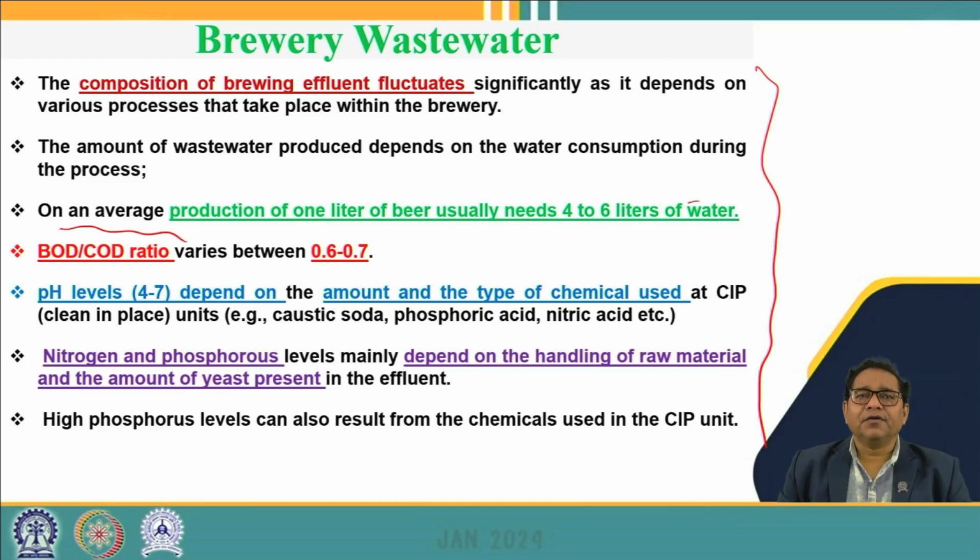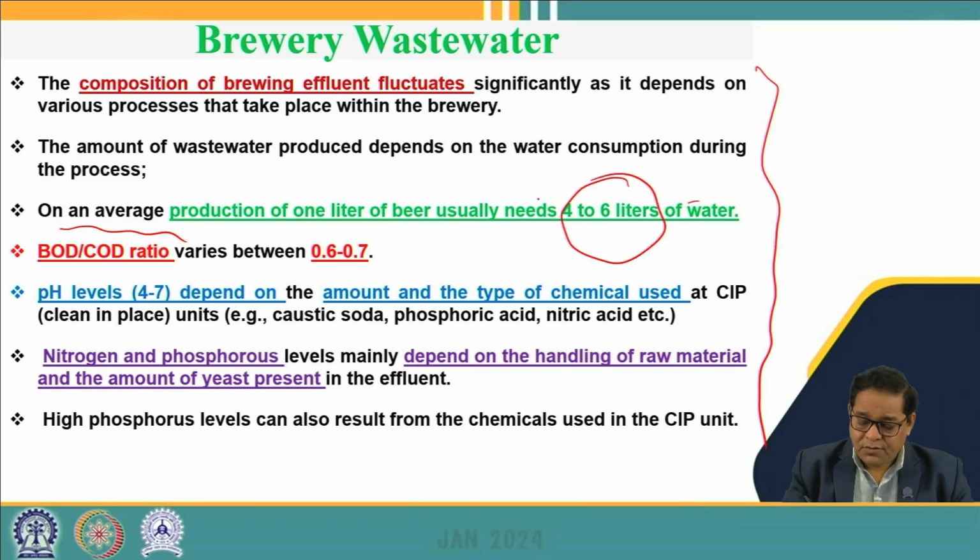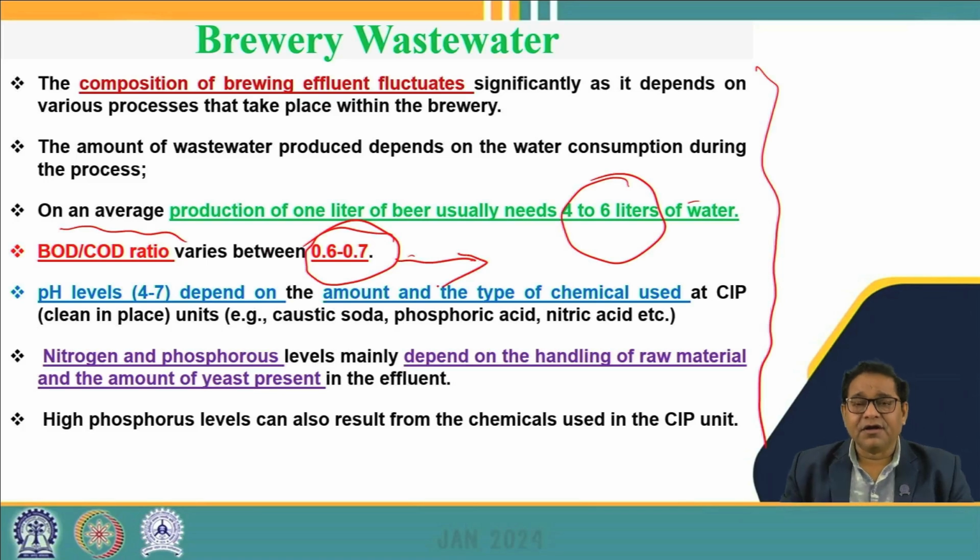On an average, the production of 1 liter of beer usually needs 4 to 6 liters of water. The ratio of BOD to COD is basically 0.6 to 0.7, which indicates that the organics present in the wastewater are biodegradable, so we can use a biological process for its treatment.